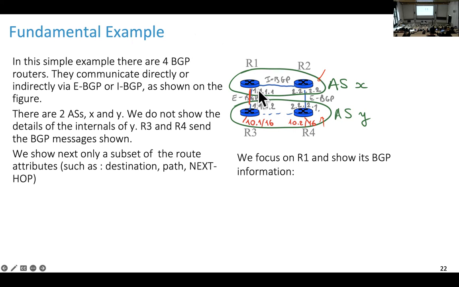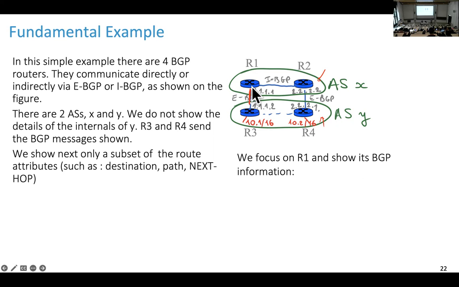Another thing that I'm showing here is the IP addresses of the interfaces at the boundary. For example, the north interface of R3 has an address 1112, and the other one is 1111. So as I said, at the boundary IP addresses are known to each of the ASes.